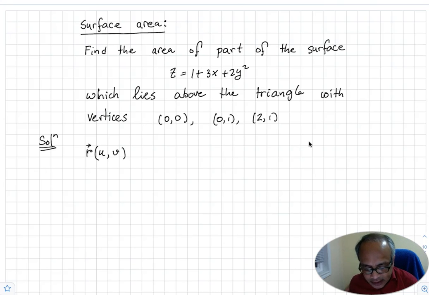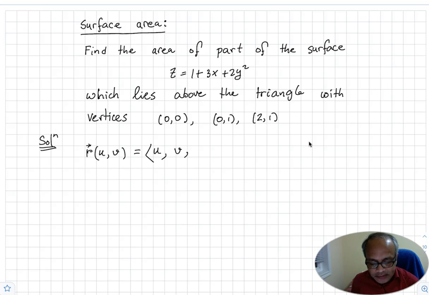So by looking at the function, we can denote x by u. You can set the x coordinate along the parameter u and the y coordinate along the parameter v. So x is u and y is v.